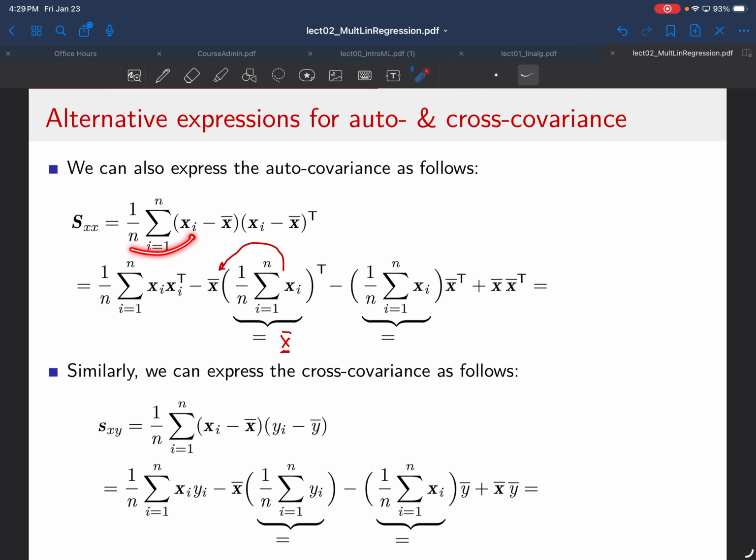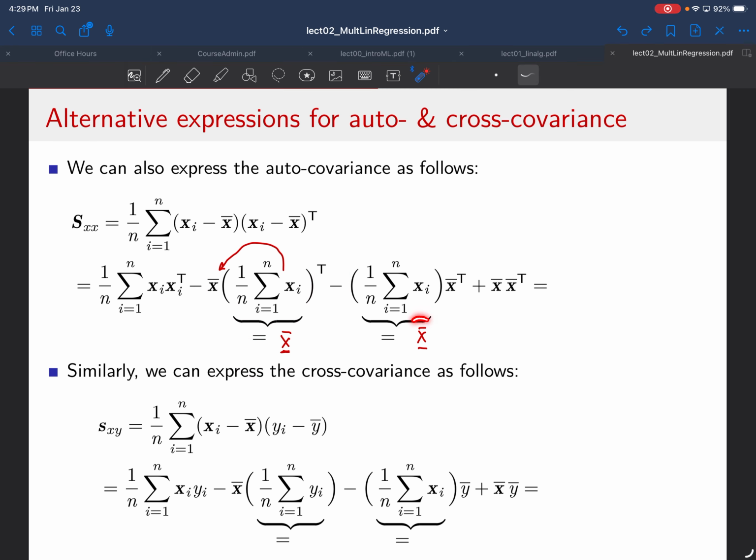The same thing happens in the third term. It's this times this, but I can imagine this average operating just on the xi and giving me another x bar. And now when you step back and look at it, you see that you actually have 3 terms. Oh, sorry, I forgot there's a transpose. Here's the transpose. Okay, so overall we have x bar times x bar transpose.